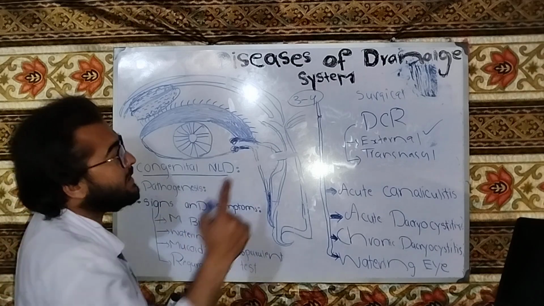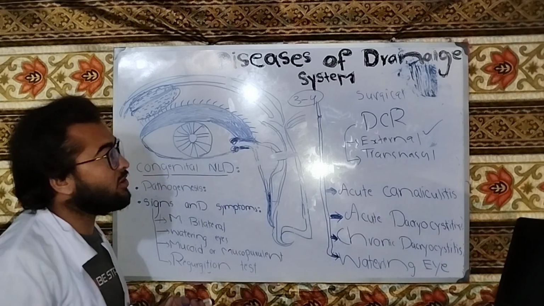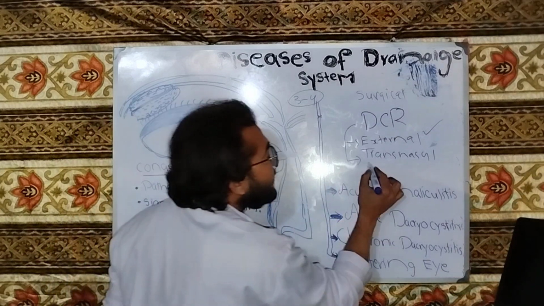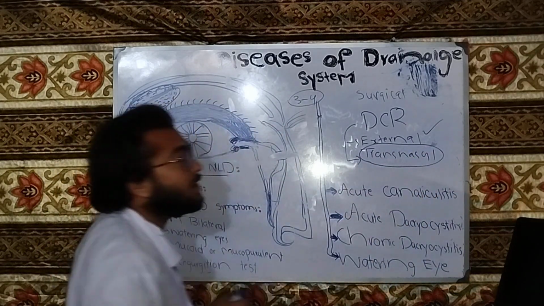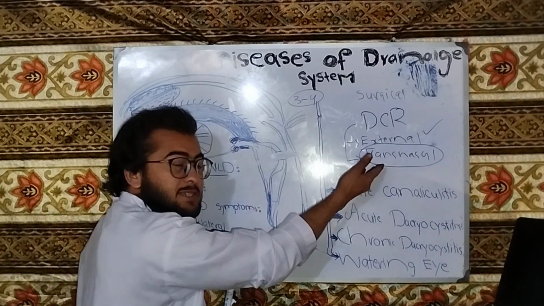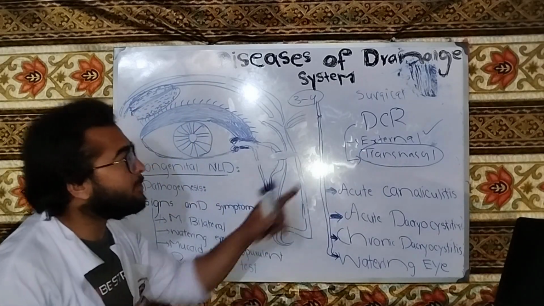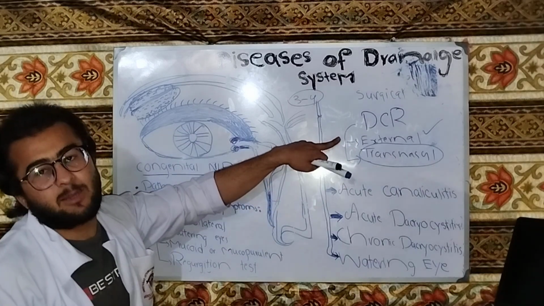But there is a problem with the external approach, that we will have a scar formation. And in transnasal approach, as compared to the external approach, transnasal is not so successful. It is a successful approach, but it is not like external approach. The success rate is more in external approach.